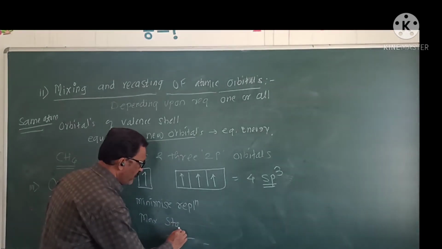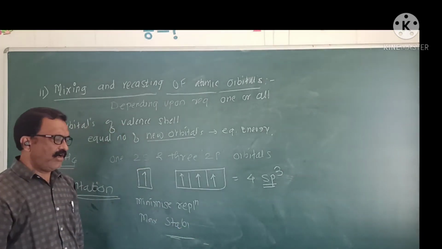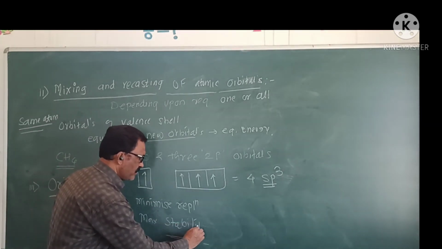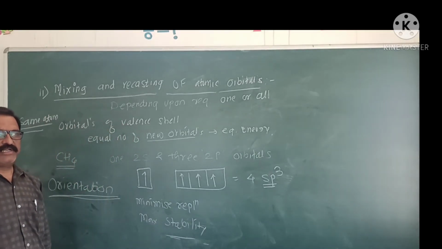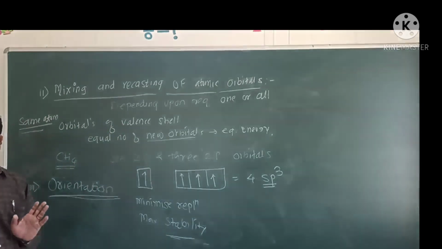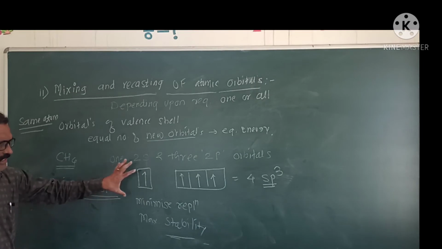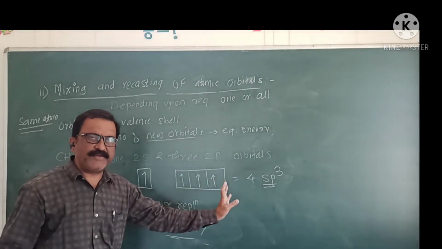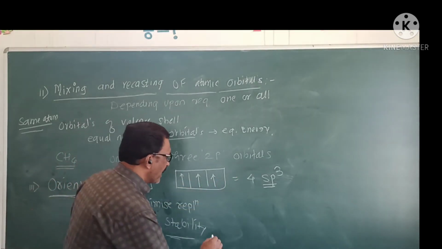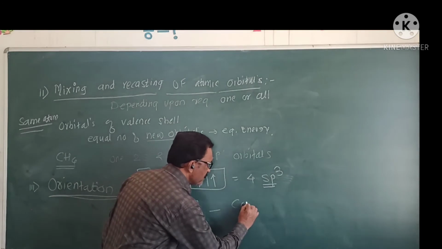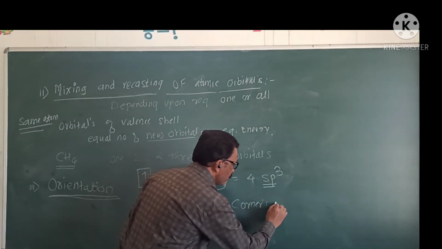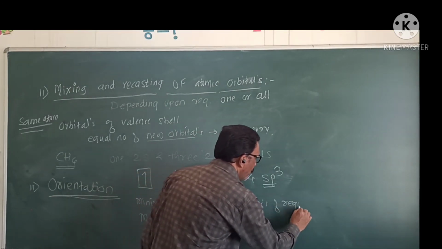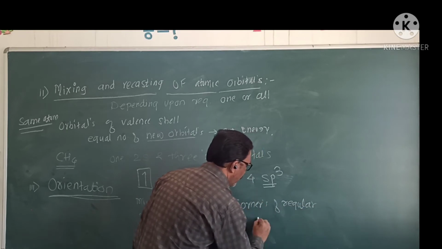Such kind of orientation or redistribution of atomic orbitals takes place. Here, in the methane molecule, these 4 sp3 hybrid orbitals are arranged towards the corners of a regular tetrahedron.